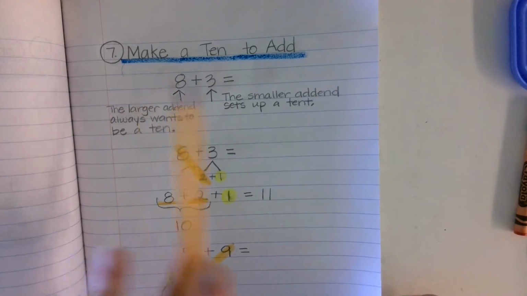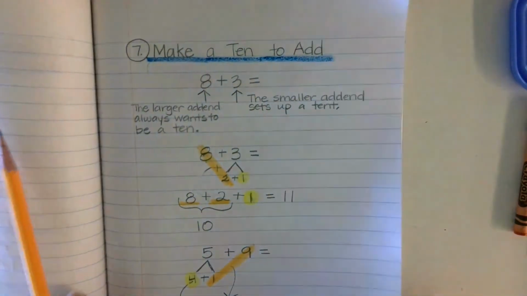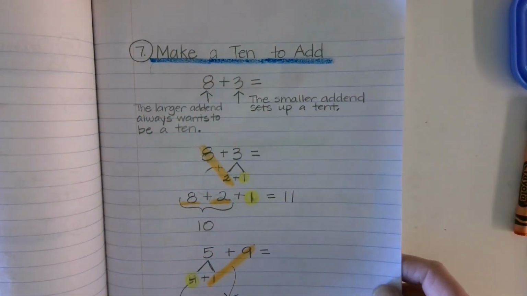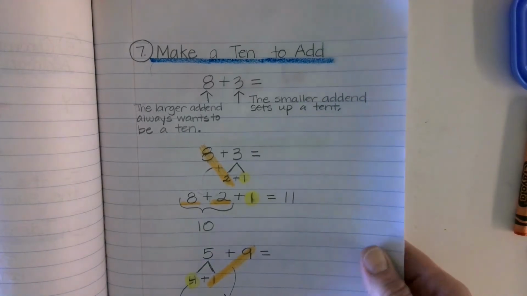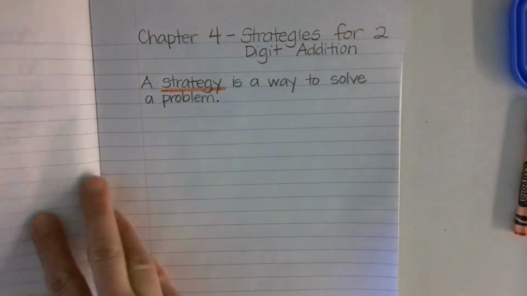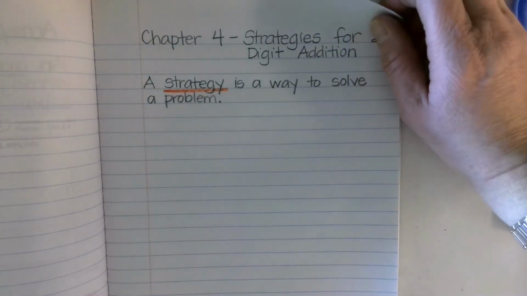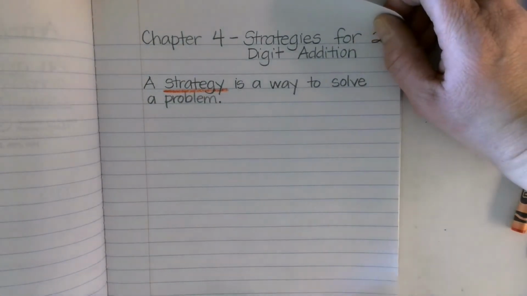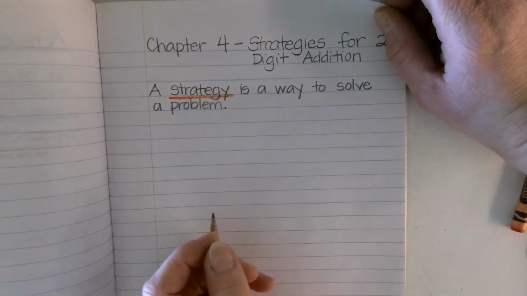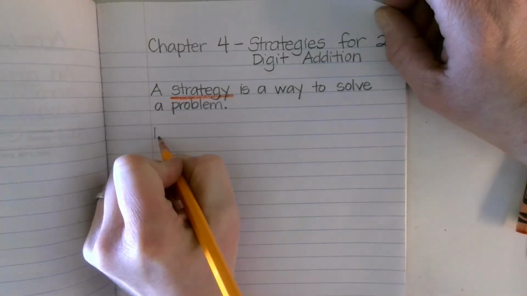So we're basically doing the same thing today, except we're using two-digit numbers. So our first strategy is break apart and make a 10.